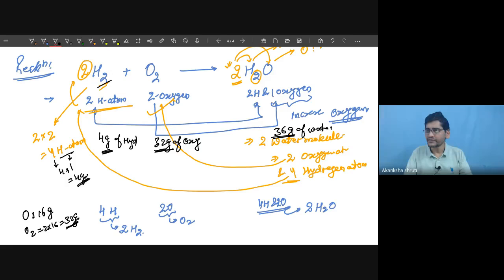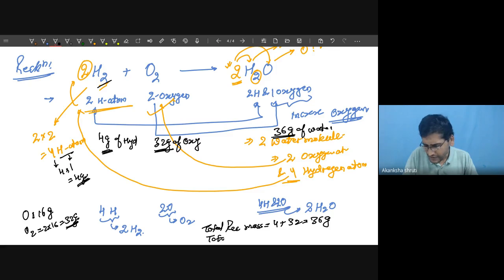Are we getting this? So this way, the total reactant mass is 4 plus 32, which is 36 gram, and the total product mass is already 36 gram.